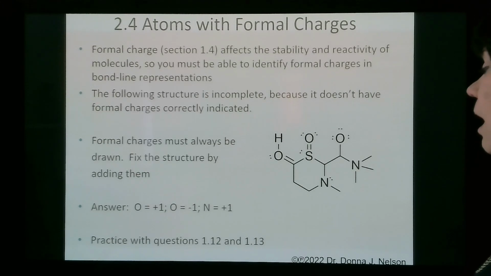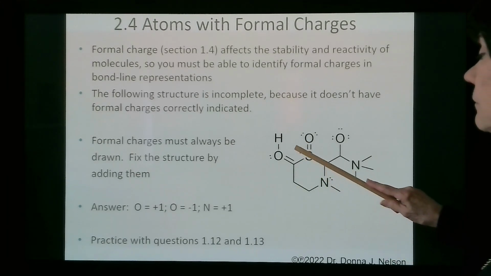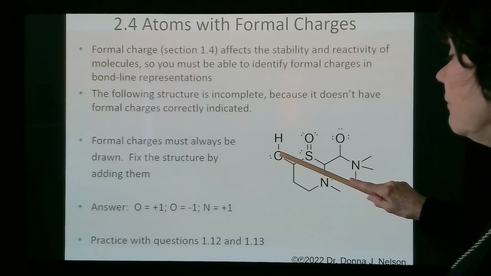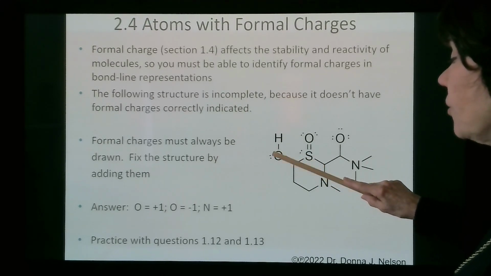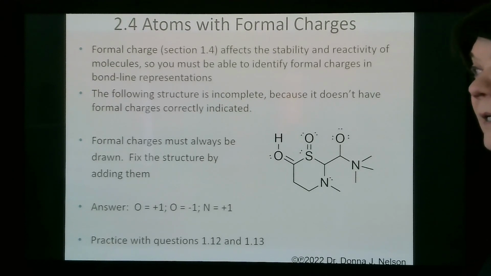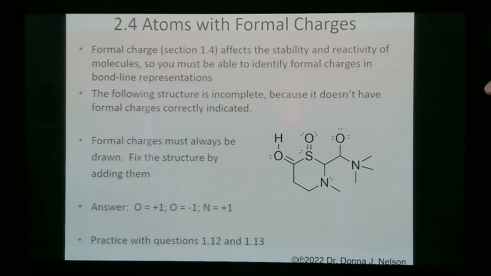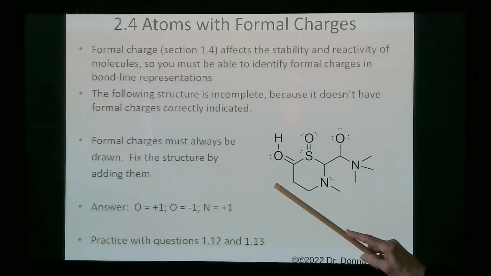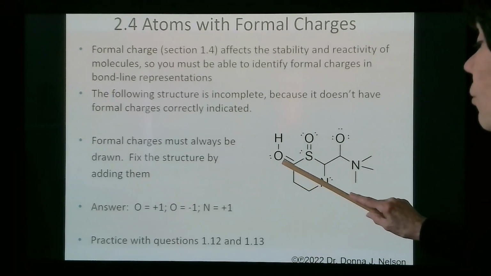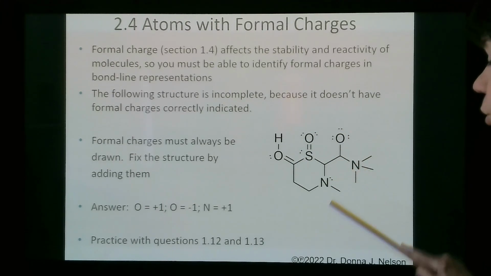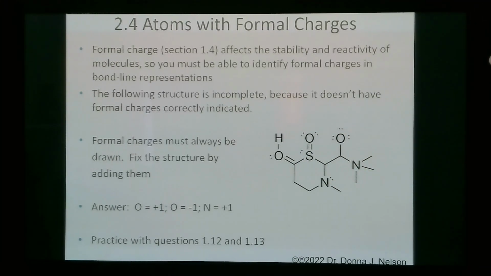And so here, this oxygen only has 5 electrons surrounding it. It really should be surrounded by 6. So it's bearing a positive 1 charge. And so you can go back and review the way that formal charges are calculated. And so you're going to see that there's going to be a +1, a -1, and a +1 on this molecule.